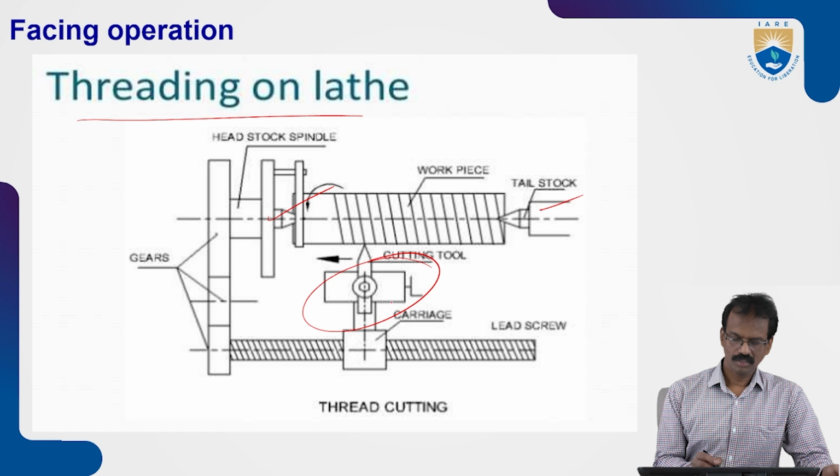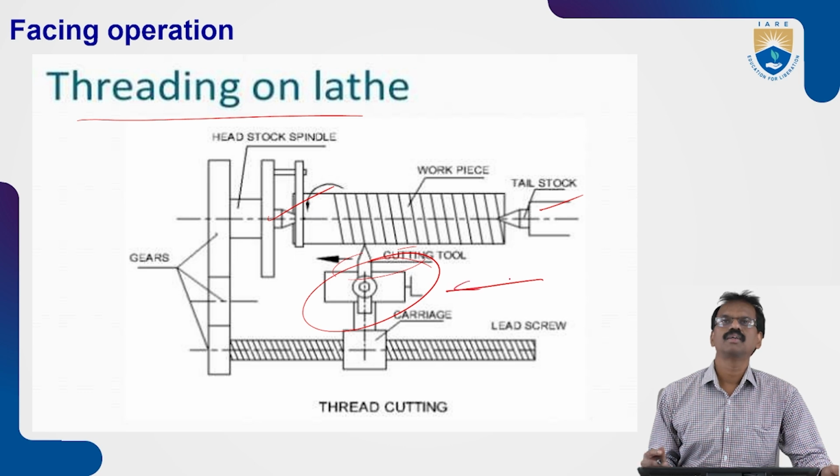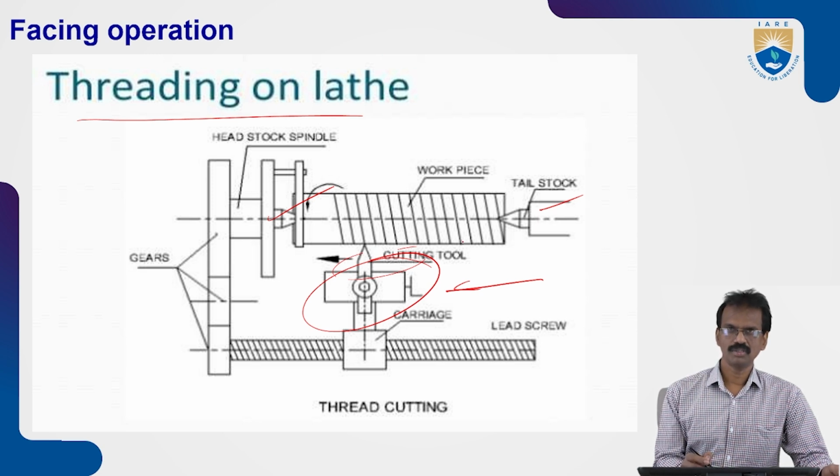Then this thread cutting tool moves in the longitudinal direction, which means the horizontal direction, parallel to the lathe bed. Initially we'll give a minimum amount of feed, then we'll increase the feed next. It means the thread cutting occurs gradually.